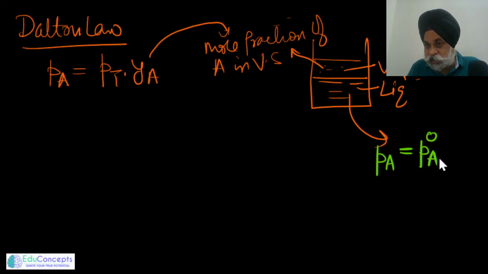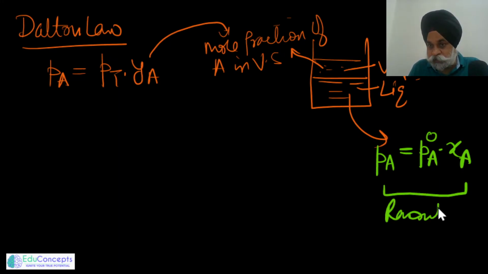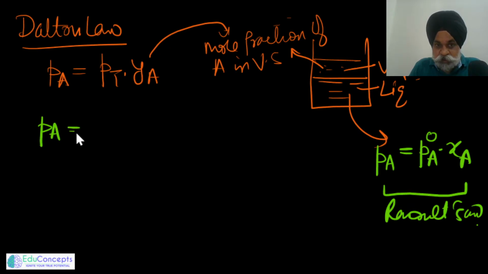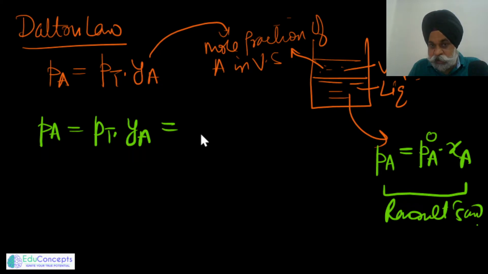What was that? P naught A XA. This is in accordance with Raoult's law. So here you have to be a little vigilant. So PA is equal to P total into YA, which can also be written as P naught A XA.